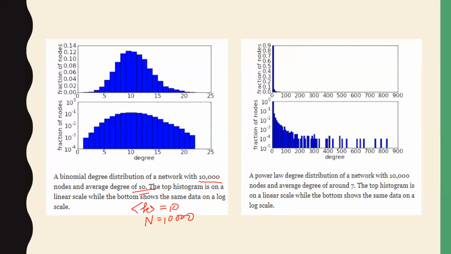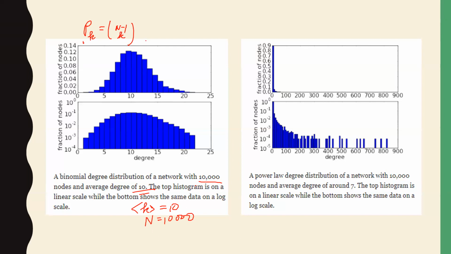It's a binomial degree distribution because the probabilities p sub k follow the following formula: p sub k is equal to n minus 1, the order minus 1, taken k.